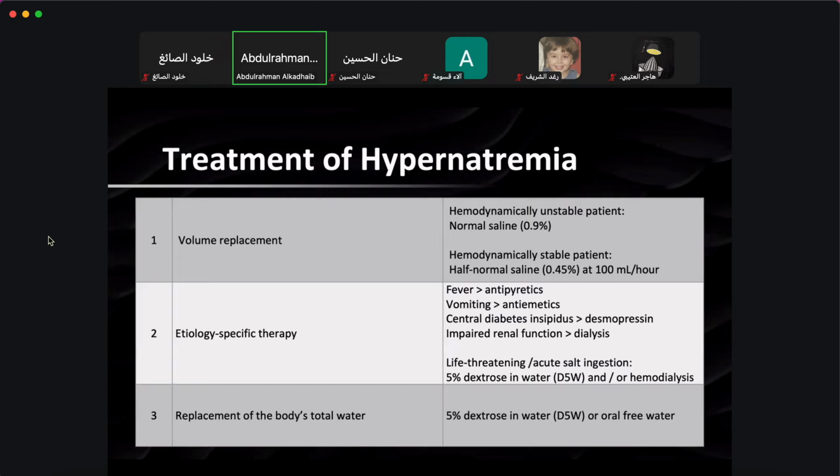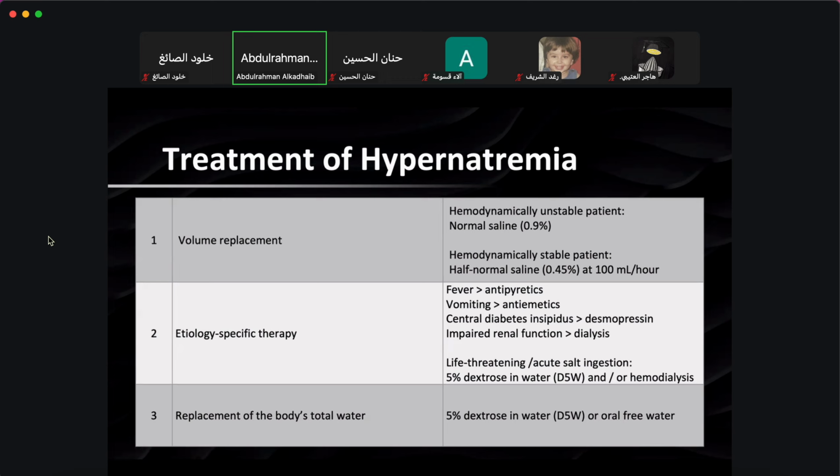That's why this will cause basically dilution of the sodium in the body volume and will treat the hypernatremia in those patients. So once we replace the volume in those patients, we should move on to the next step, which is basically treating the underlying cause.